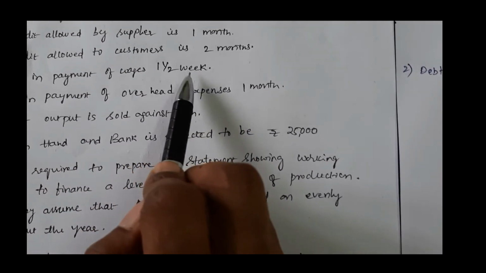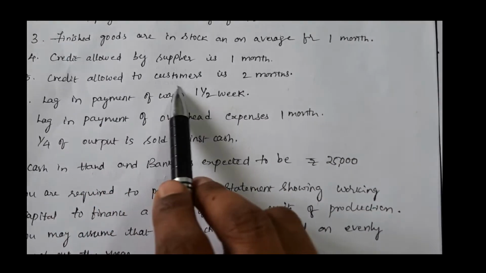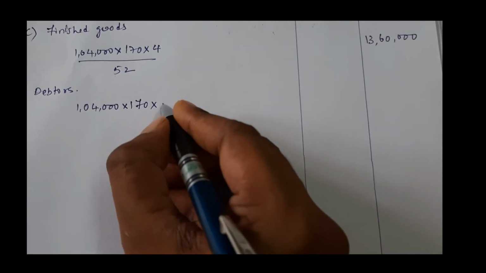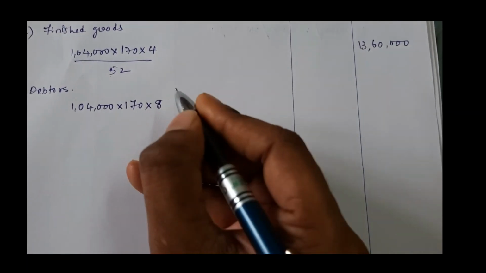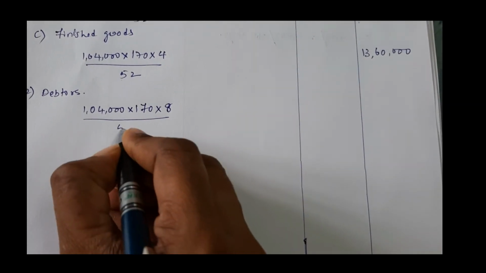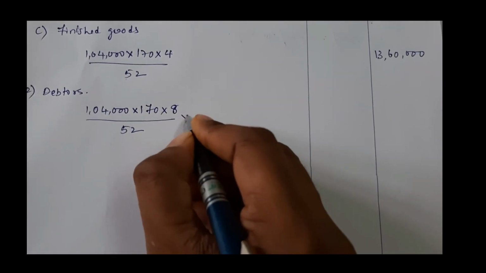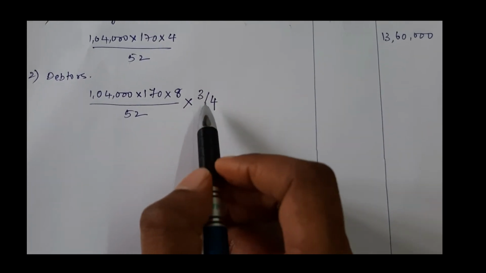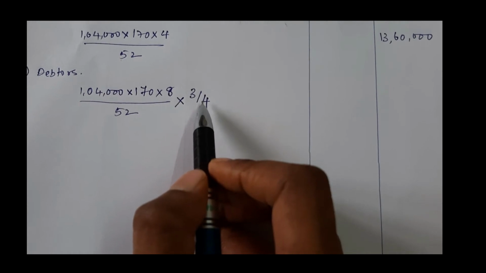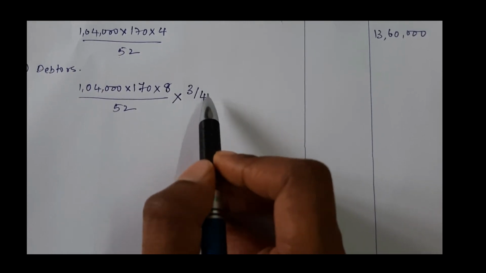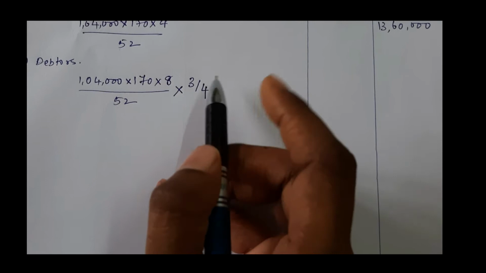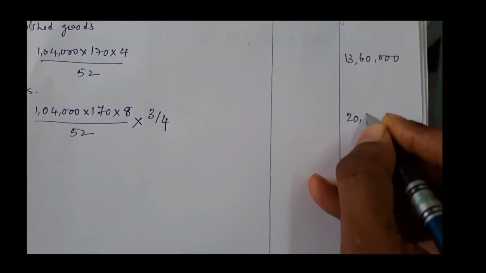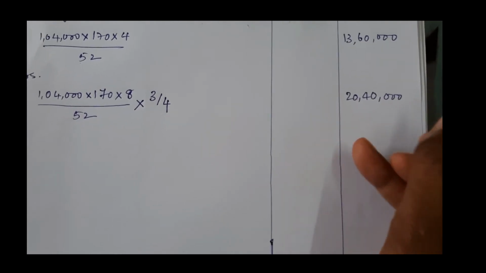Credit allowed to customers is 2 months. So 2 months means 2 into 4 weeks in a month, it will become 8 divided by 52 whole into 3/4 because only credit sales you should consider, not full amount. So this will become 20 lakhs 40,000.